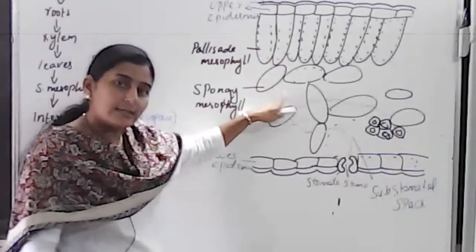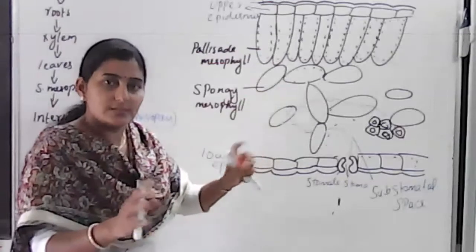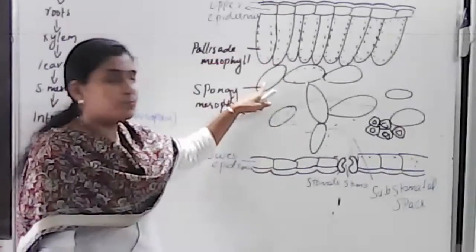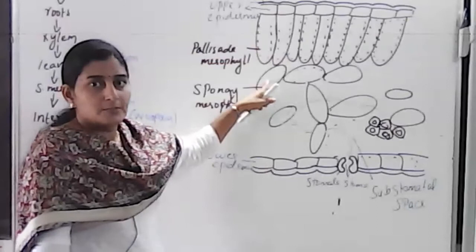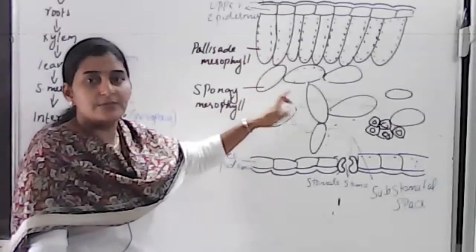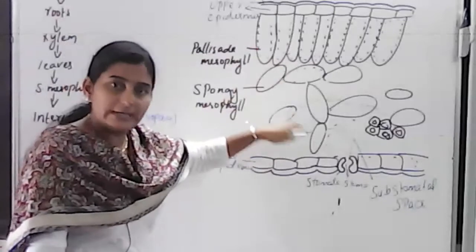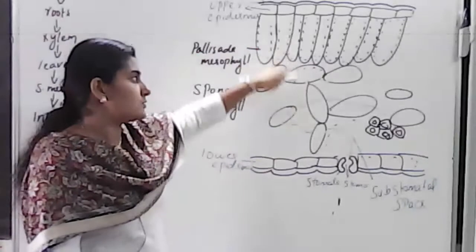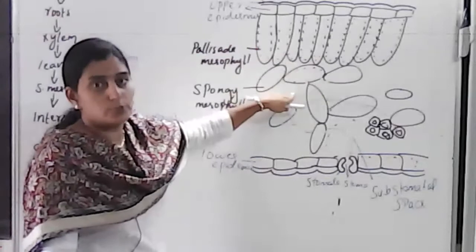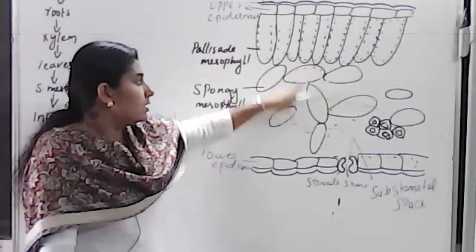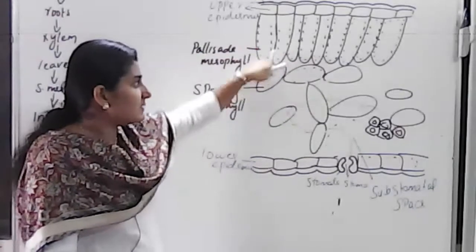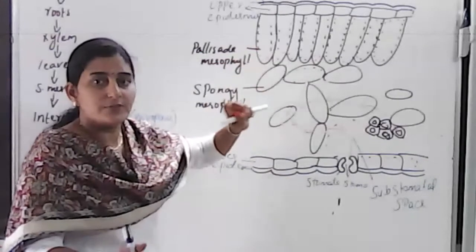The space in between the cells you call intercellular space, and the cells you call spongy mesophyll cells. Mesophyll cells are mainly concerned with photosynthesis. Next chapter you will study in detail about the structure of the leaf, and also about photosynthesis. These two are the parts where photosynthesis will take place. So spongy mesophyll cells and palisade mesophyll cells are concerned with photosynthesis.